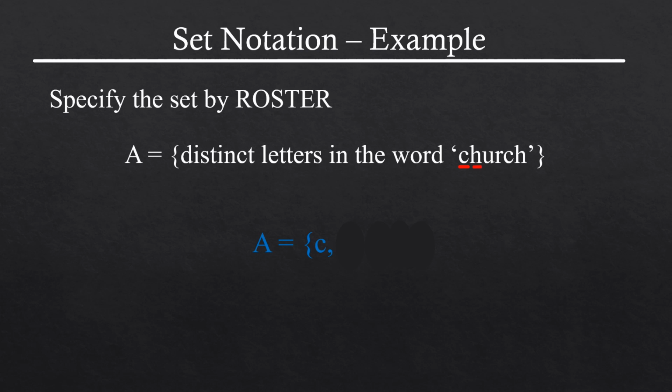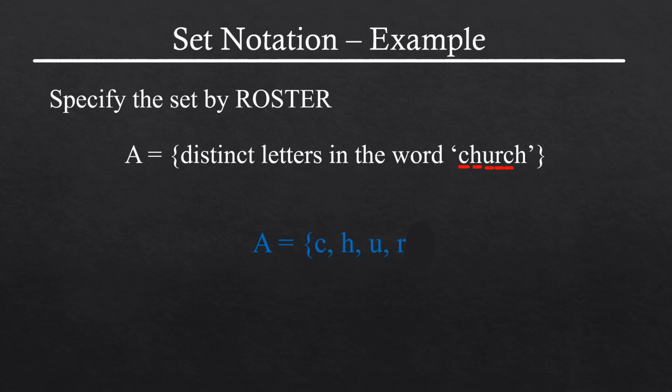All right, now H is different than C, so it is distinct, and so it also has to be in my set. U is different than C and H, so it has to be in there. R is different than those, so it has to be in there.